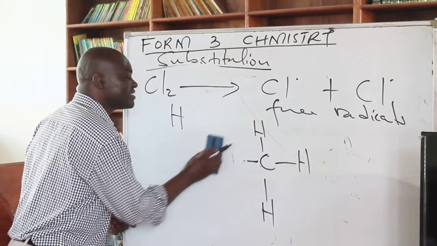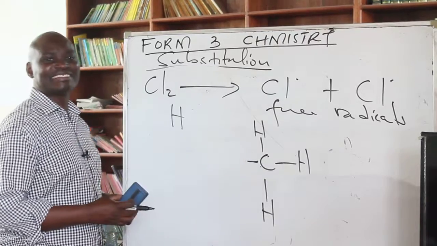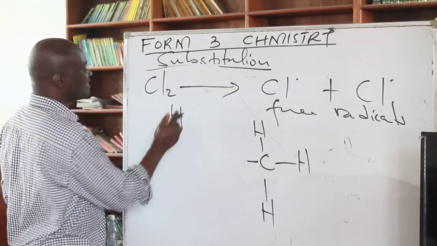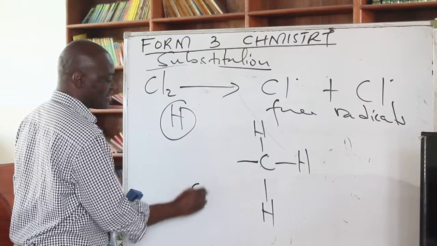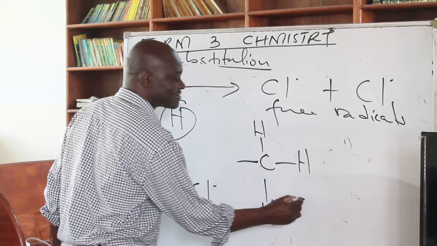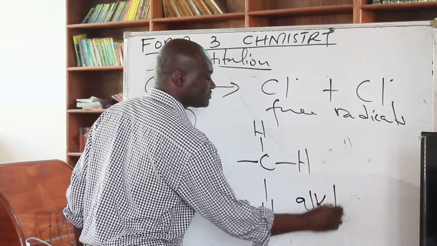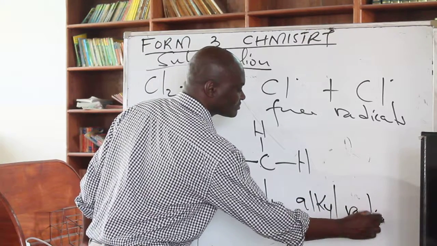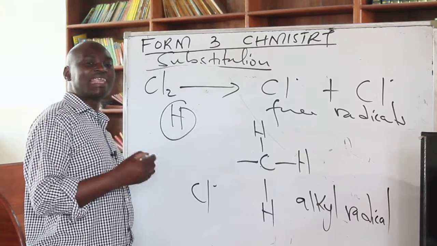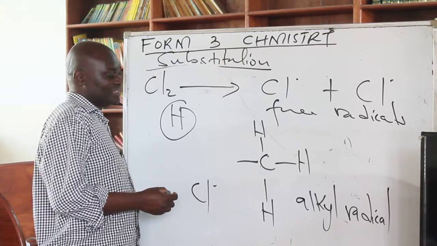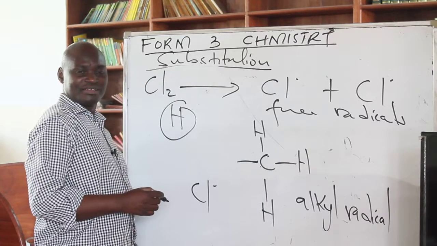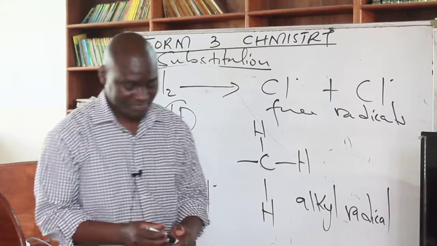So what will remain is an alkyl radical, because once this hydrogen goes away, this one is an alkyl radical. Go and reflect back, read back on your notes on the alkyl groups. This one is the CH3 group, methyl. So that is what happens.